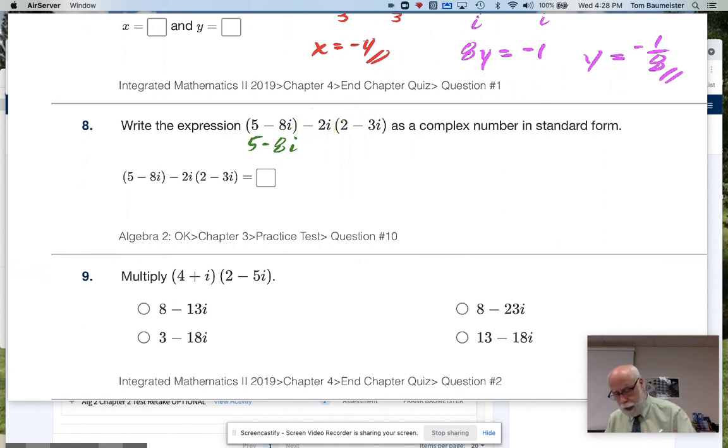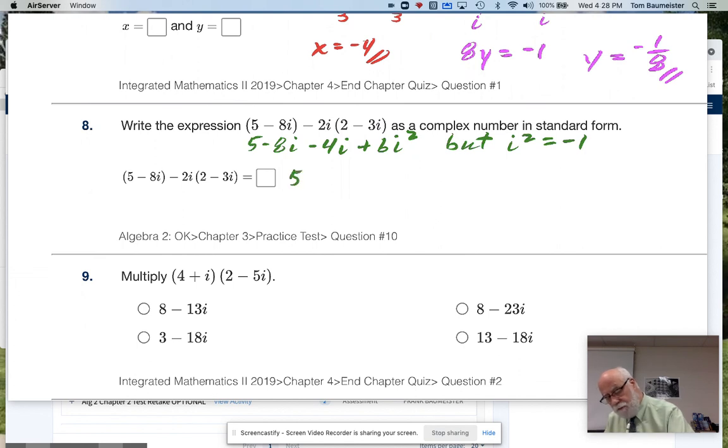Negative 2i times 2 will give us negative 4i. And then negative 2i times negative 3i gives us a positive 6, and i times i is i squared.